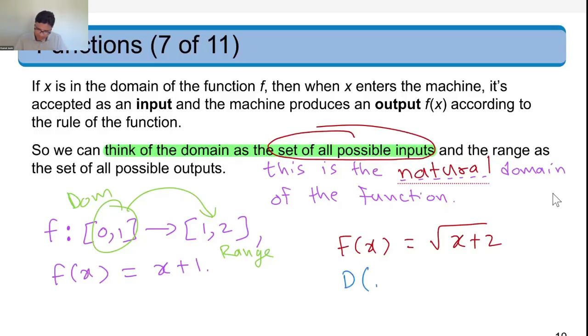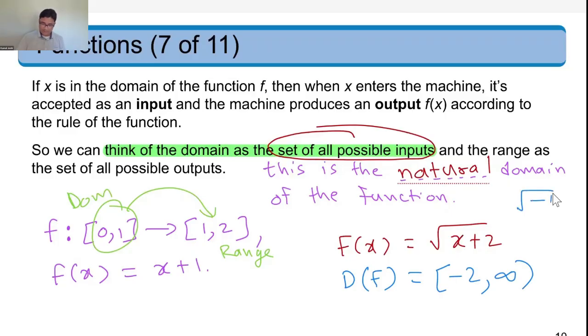In this case, the domain of this function f, that is another way to write it, D of f, the domain of f, right, is all the numbers from negative 2 to infinity. Why? Because there is a square root sign, right? So you cannot give anything less than negative 2, like negative 3. If you plug in negative 3, it becomes negative 3 plus 2, which is negative 1.